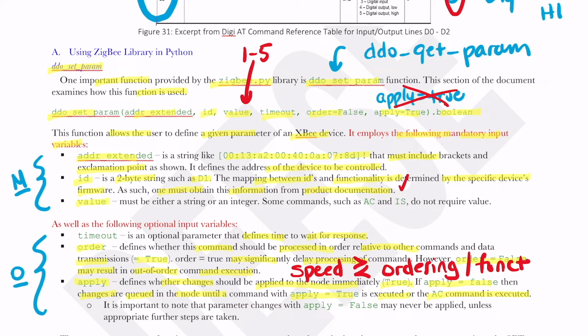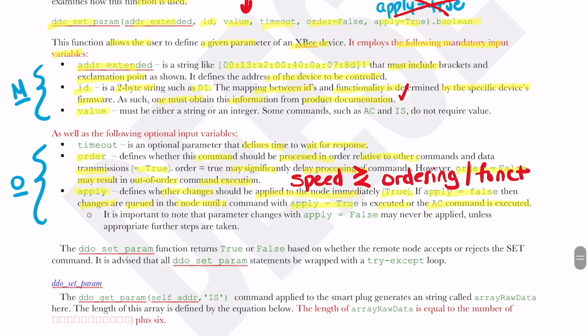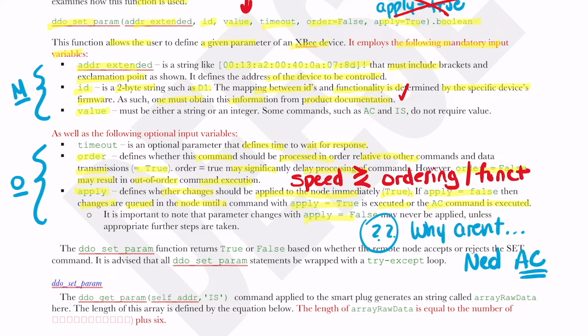And if you take two of those three options, meaning setting it equal to false or not defining it at all, then you will not have your change applied until you either call that same DDO set command again with apply equals true, or you call the AC command, apply changes command. So be cognizant of that, because this could be one place where you're questioning yourself, well, why aren't my changes working? And it could be something as simple as needing to apply the AC command there.